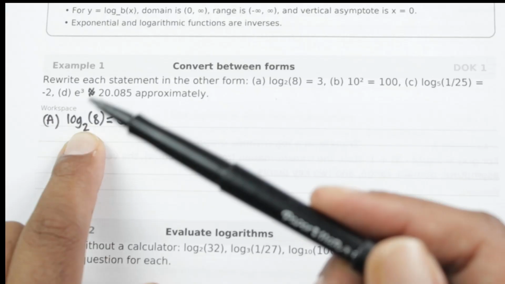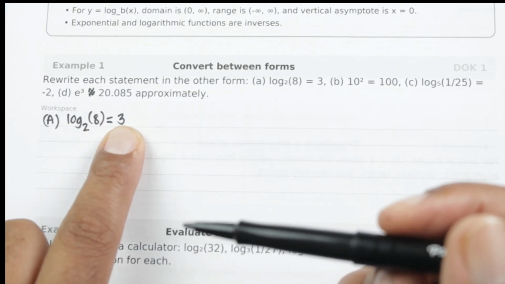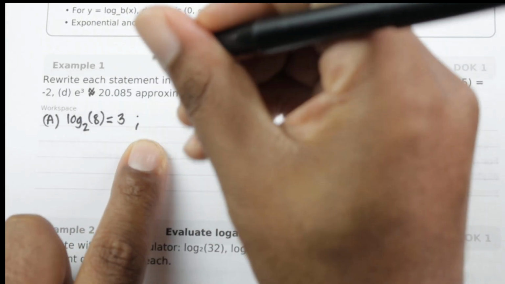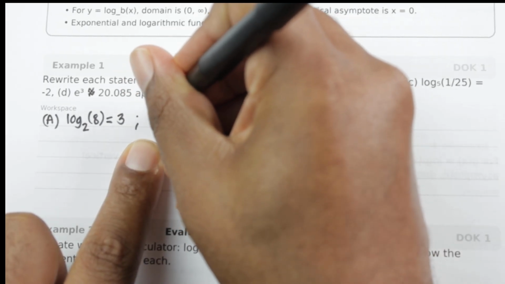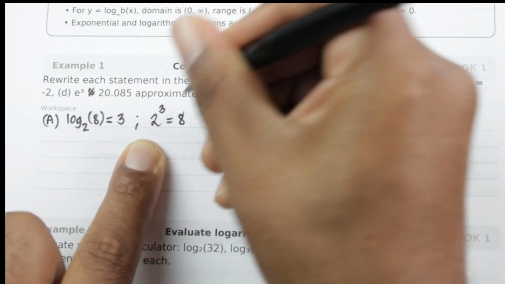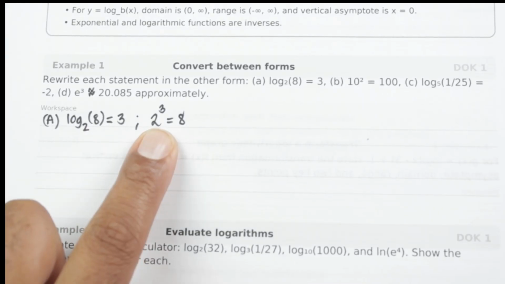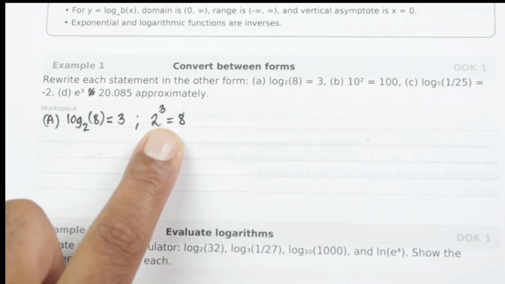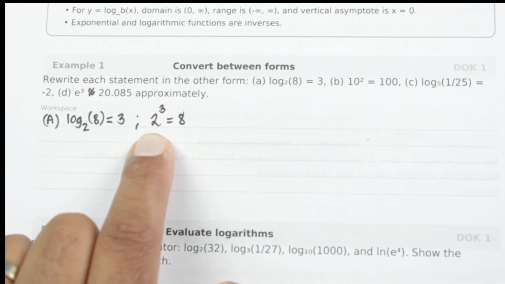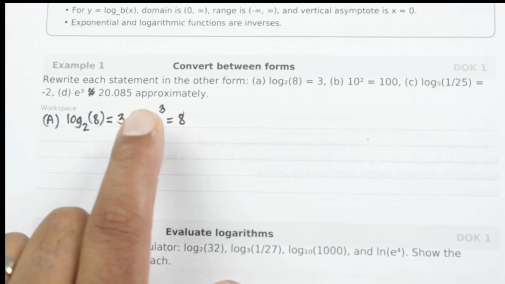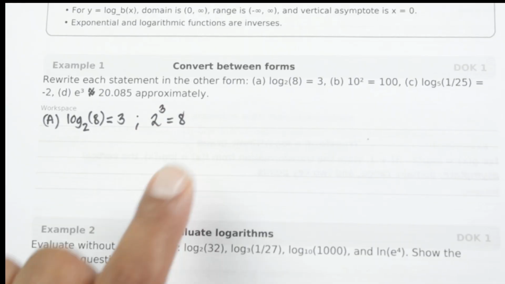And so the answer is 3, right? So in exponential form, that would be 2 to the power of 3 equals 8.